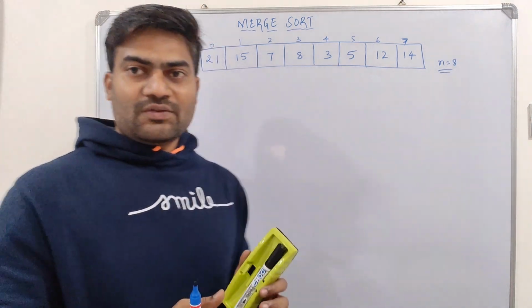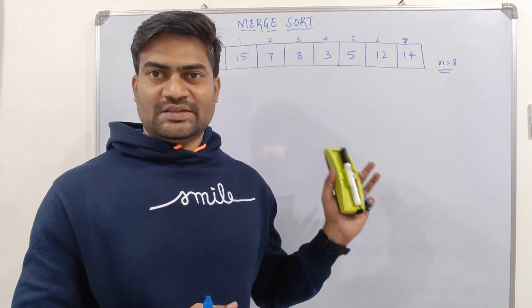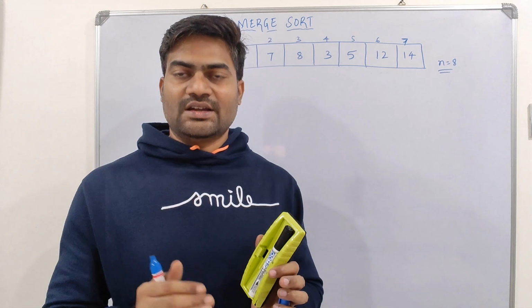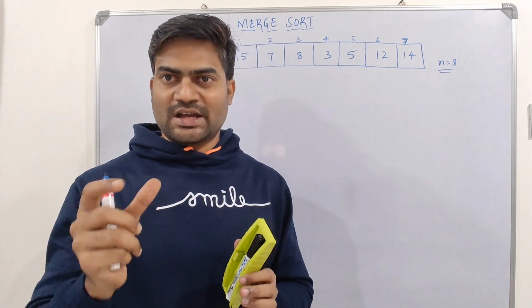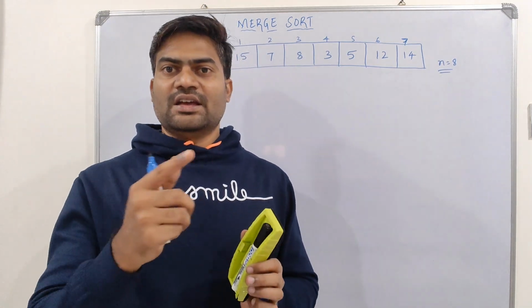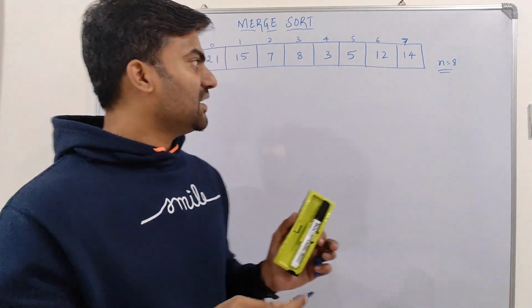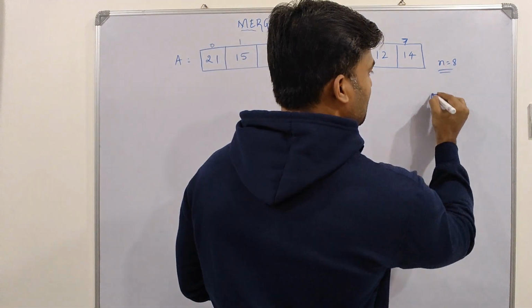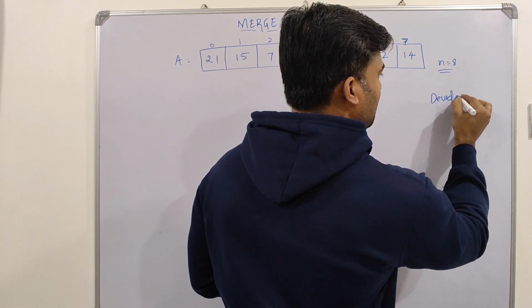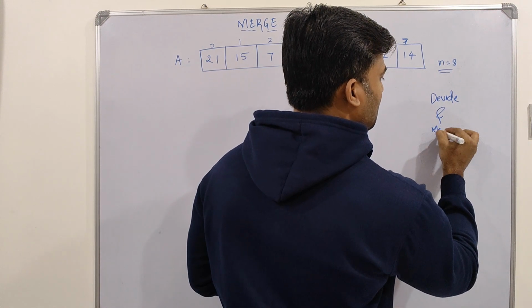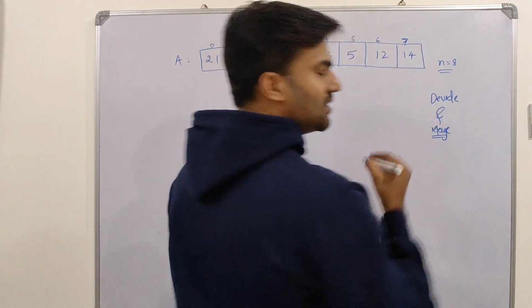So basically this algorithm follows divide: keep on dividing until you get a single element, and then merge those elements backwards. So this algorithm is divide and then merge.